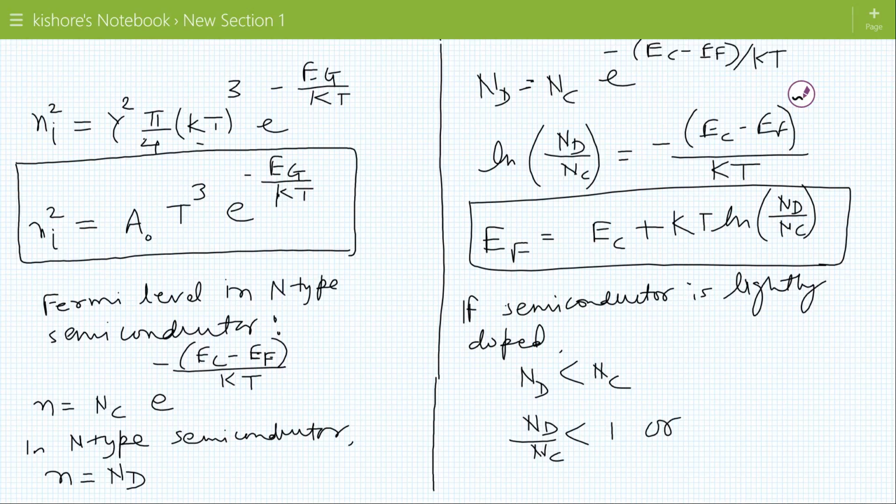So the natural log of Nd by Nc is negative.